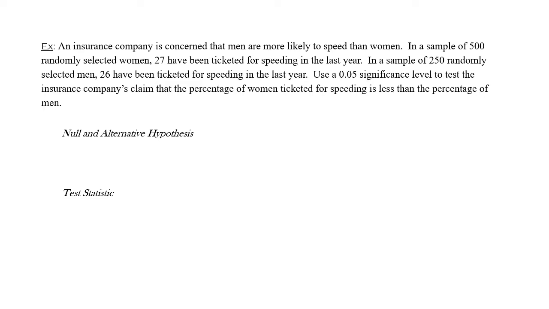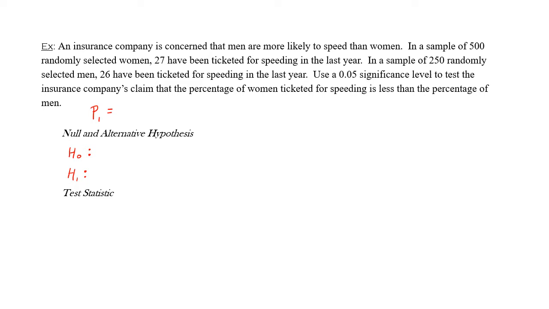Okay, so let's state the null hypothesis and alternative hypothesis for this scenario. And actually, before I do that, let's define what P1 and P2 are, because here we're talking about two groups. One is a group of men and one is a group of women.